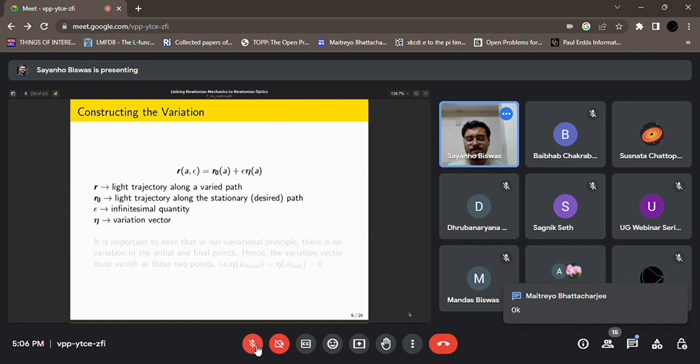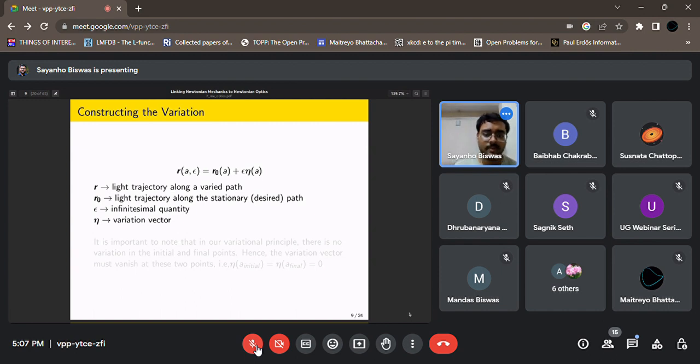So if my start point and end point are fixed, that means my r vector and r naught vector should be exactly the same at the starting and the ending point, isn't it? Say yes or no. You can type in the chat box.